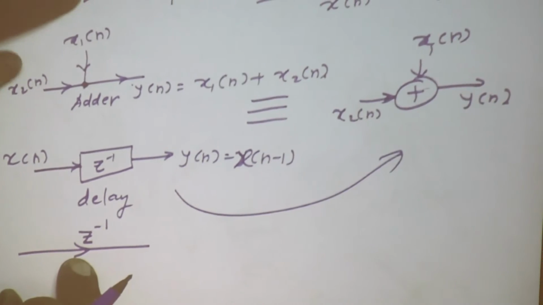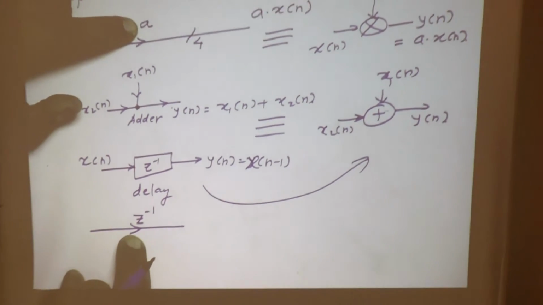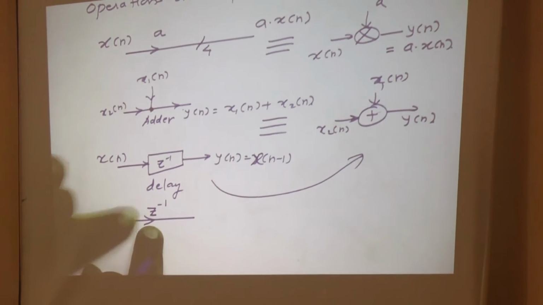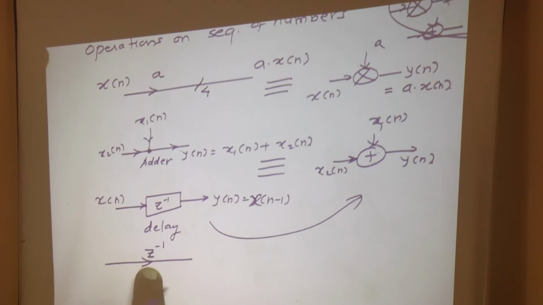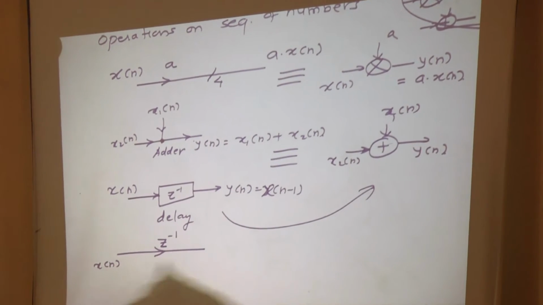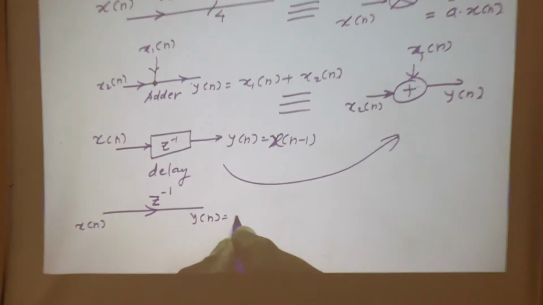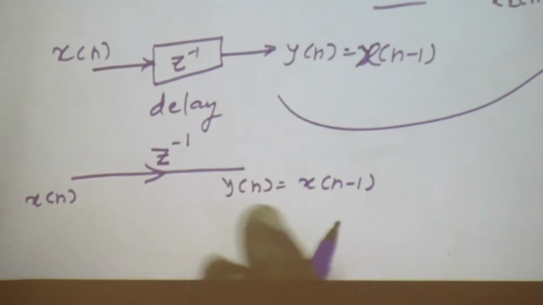An arrow weighted by a number is a multiplier. An arrow weighted by a Z inverse is called a delay. So it is x of n here, y of n is equal to x of n minus 1 here.